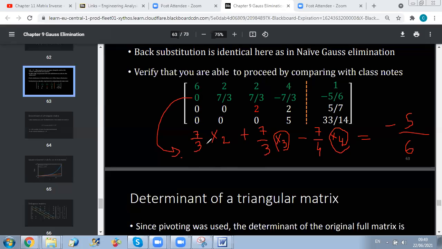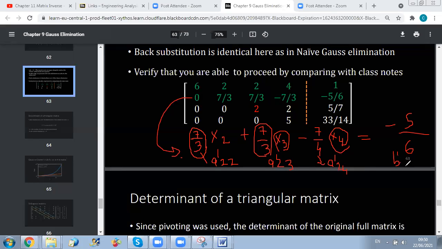This coefficient, when you did the forward elimination, is called a prime 2 2, this is called a prime 2 3, this is a prime 2 4, and this is b prime 2.